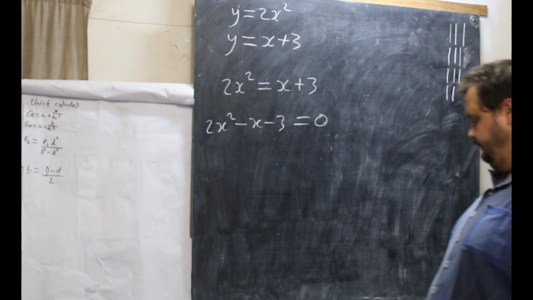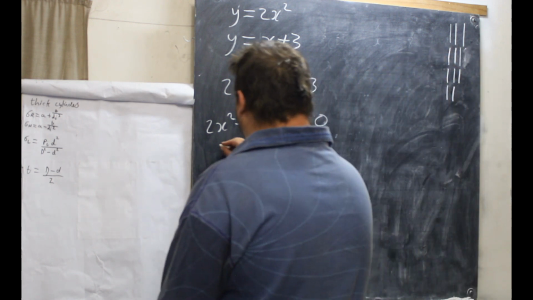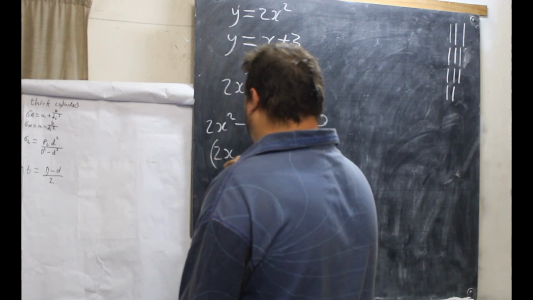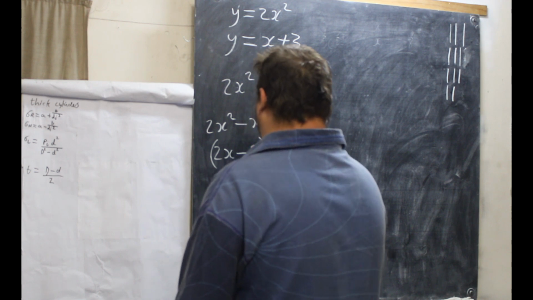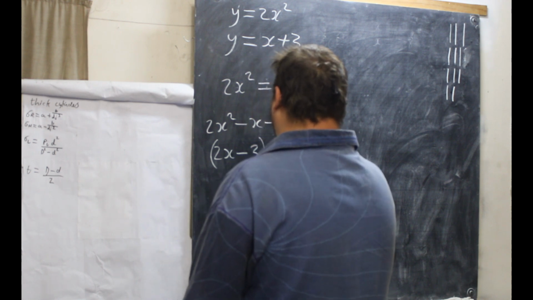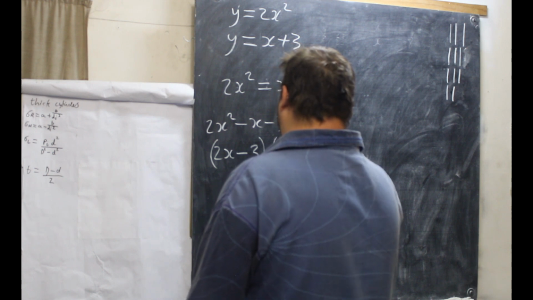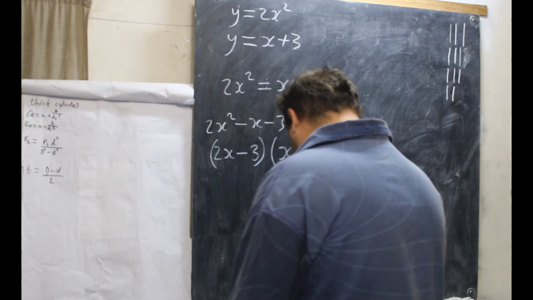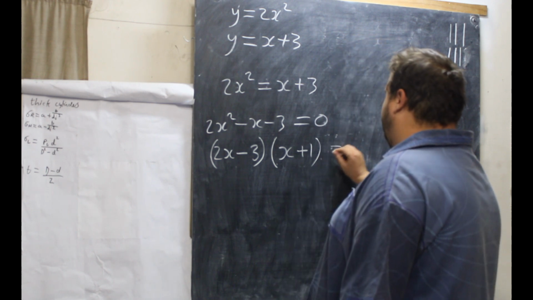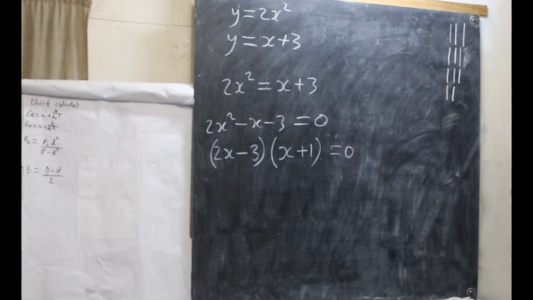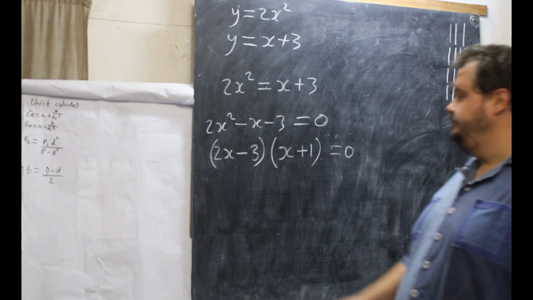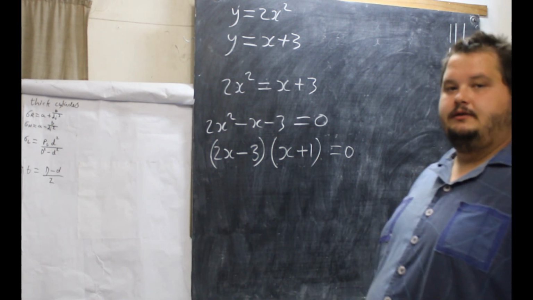Next step, we're going to factorize: (2x minus 3)(x plus 1) equal to 0. So we were able to easily factorize this.